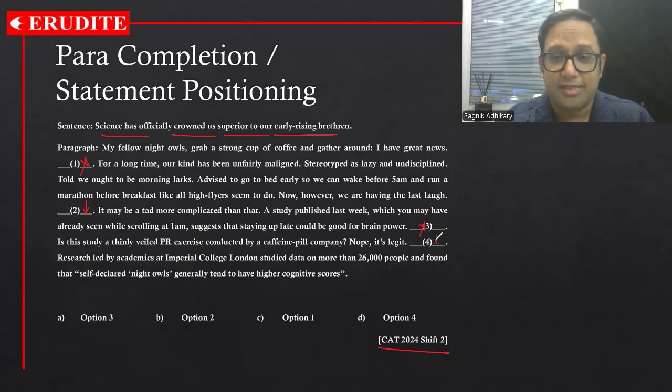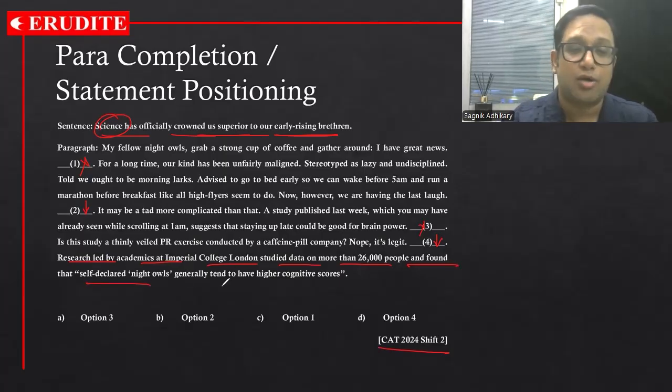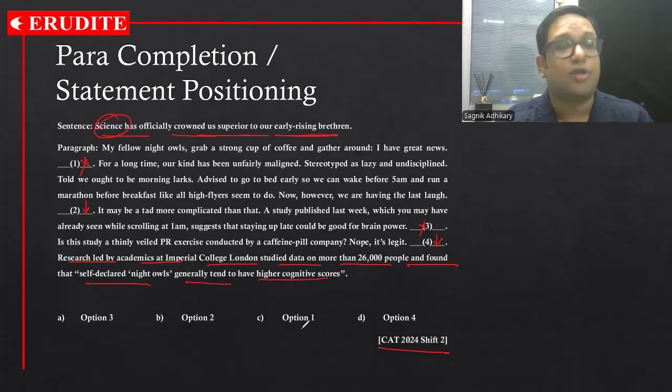But then we might have this in blank 4 as well, because the sentence says, science has officially crowned us superior to our early rising brethren. Evidence given by research led by academics at Imperial College London studied data on more than 26,000 people and found that self-declared night owls generally tend to have higher cognitive scores.